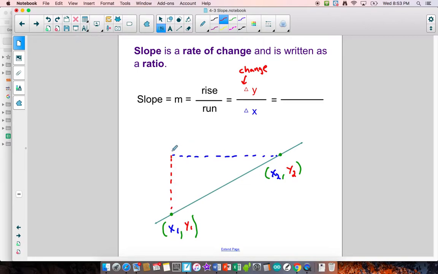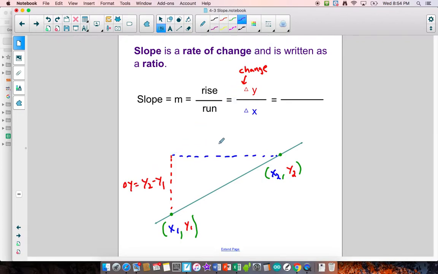How far did it go from here to here? Well, that depends on a lot of things. If this is up at 10 and this is down at 5, then you do 10 minus 5, which is just y2 minus y1. This is y2 minus y1. That is what delta y is equal to.